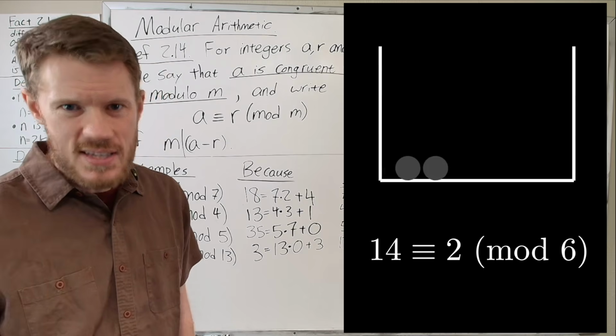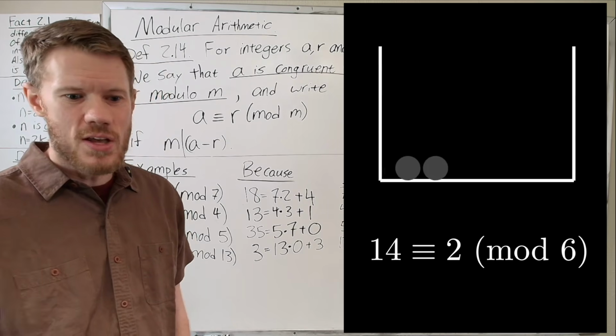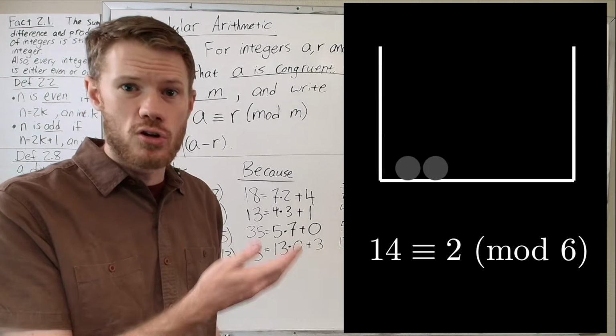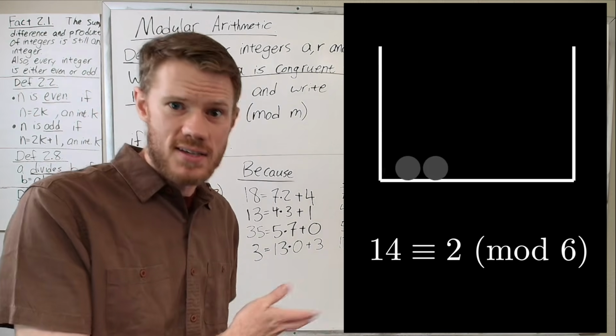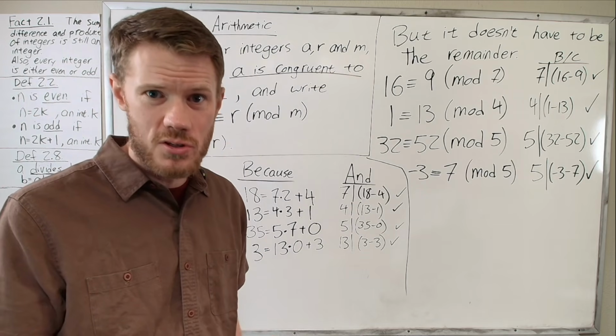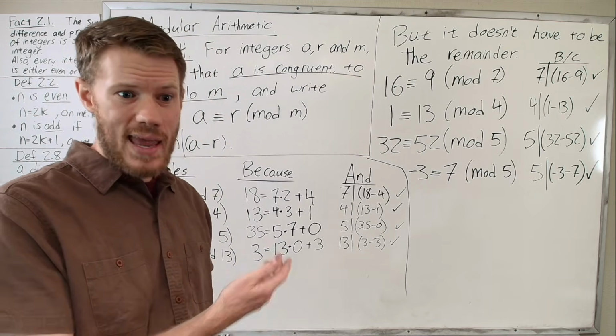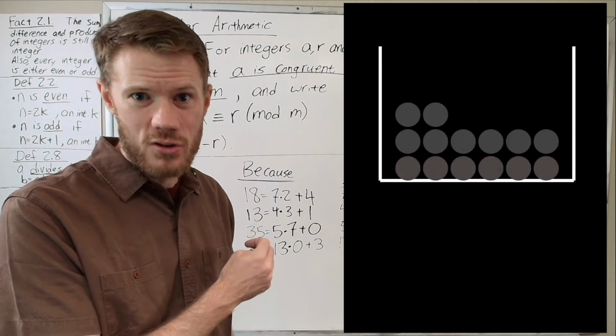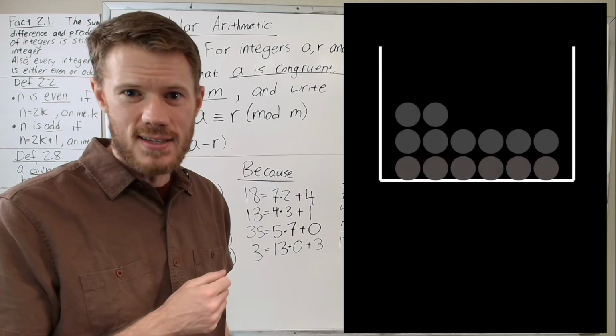The idea being, things are congruent if you're working mod 6, you can always add 6 or subtract 6 at a time to find something else that you're congruent to. Okay, so 8, for example, we also saw along the way, right? 14 went down to 8.